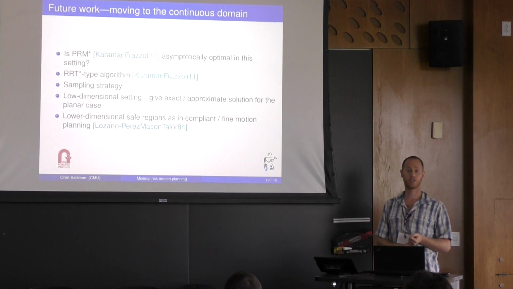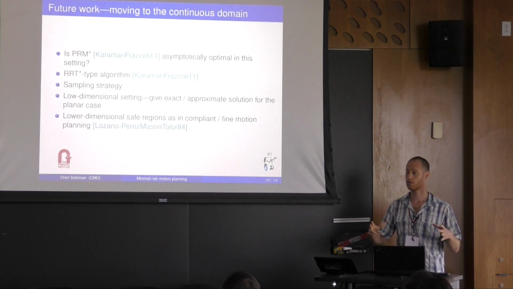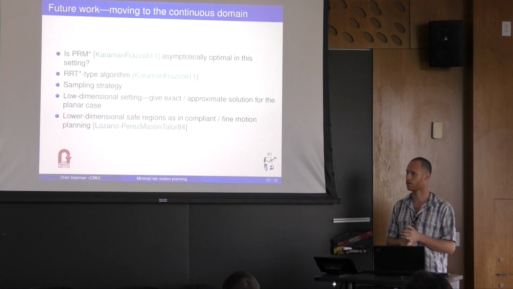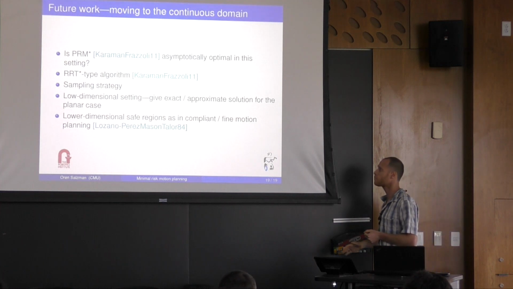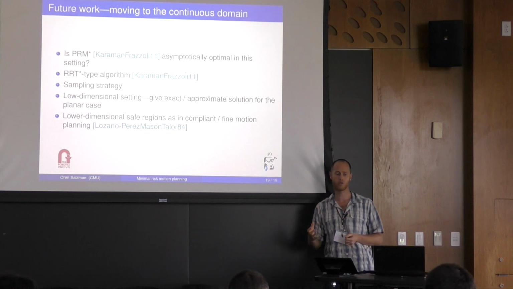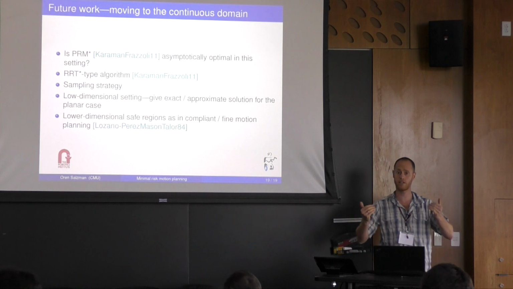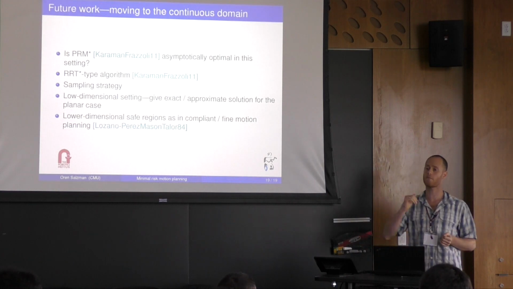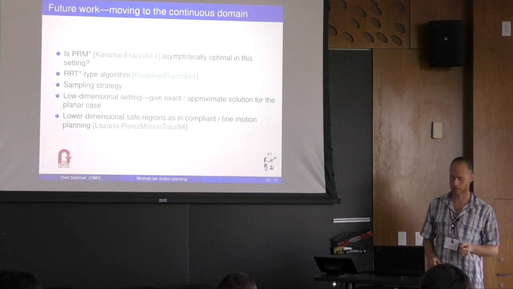We're very interested in the low-dimensional setting where we have a planar case. Can we give either exact or even approximate algorithms for this specific planar case? And we're really excited about applying this notion of safe region to the notion of compliant or fine motion planning. So basically here the safe region is a low-dimensional manifold in the continuous C-space. That concludes my talk. Thank you.